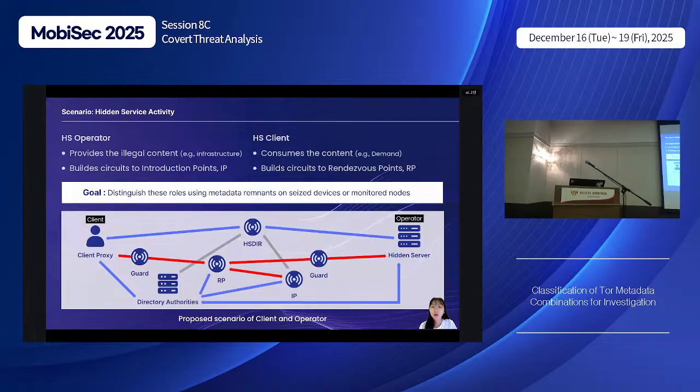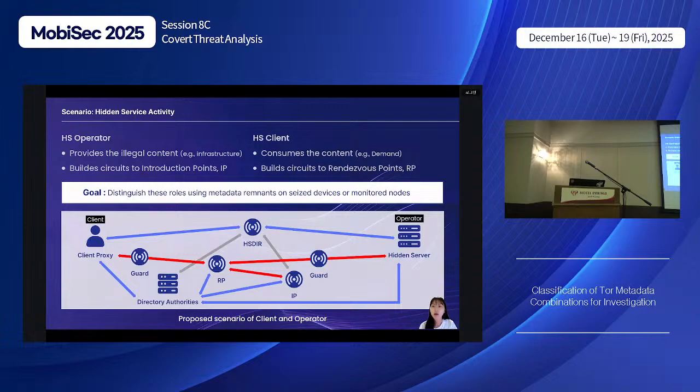Next, we introduce investigation scenarios that assess whether metadata visibility can aid in identifying hidden service operators and their clients. Tor intentionally restricts what clients and relays can observe, enhancing anonymity but also restricting auditability.